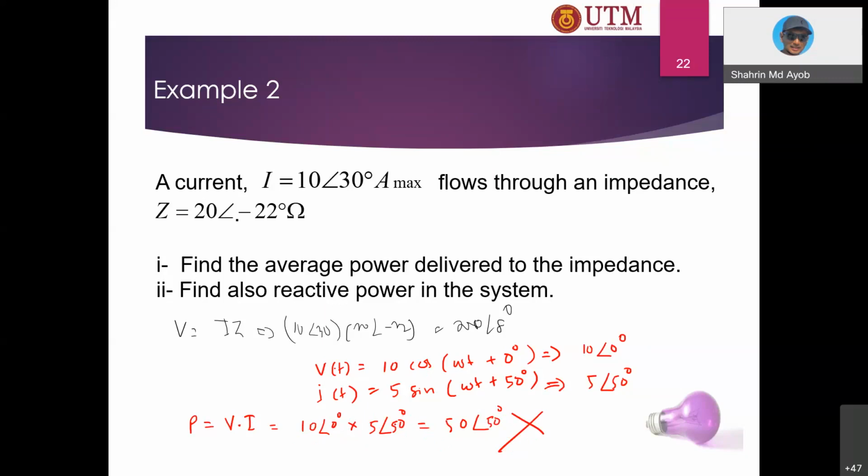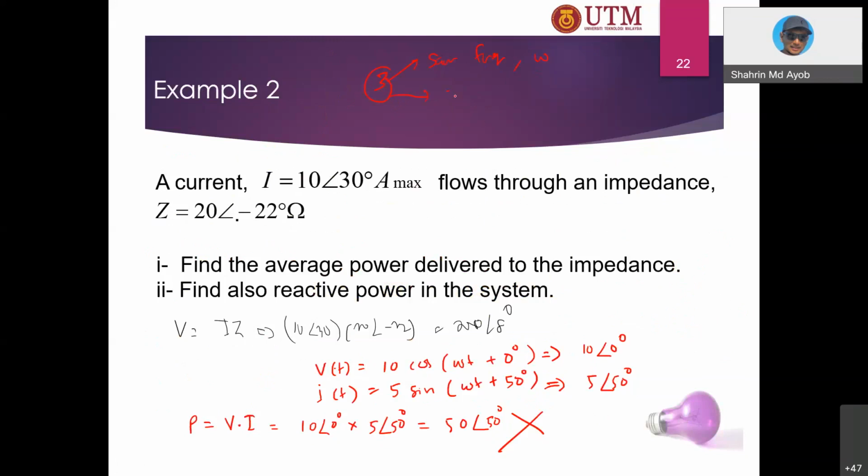Because if you want to proceed with phasors, before you convert, the time domain voltage and current must fulfill all the requirements. There are three requirements. First, they must have the same frequency, in this case the same omega.